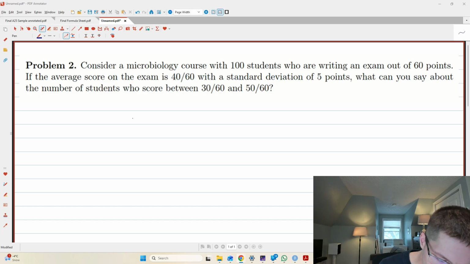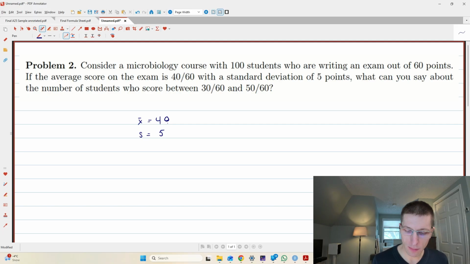Think of average as a synonym for mean. Whenever you see that word average, it's talking about the mean. And we've got s is 5.